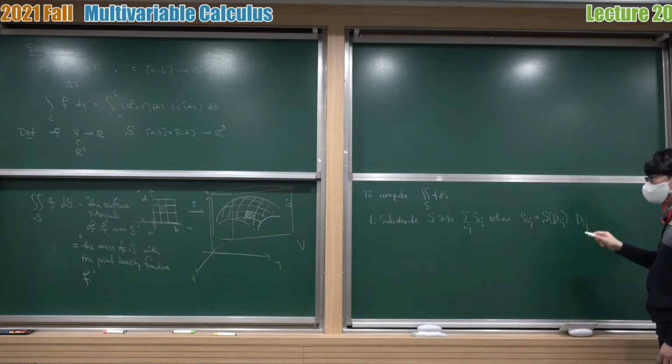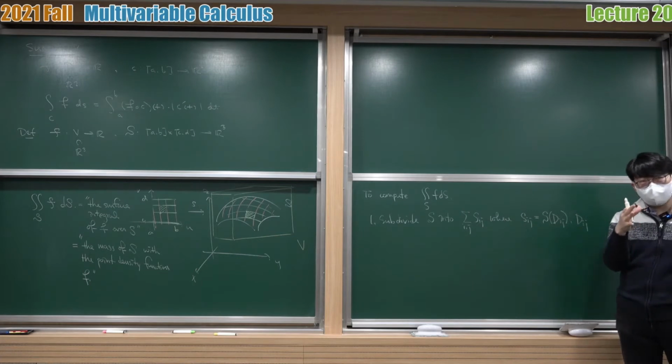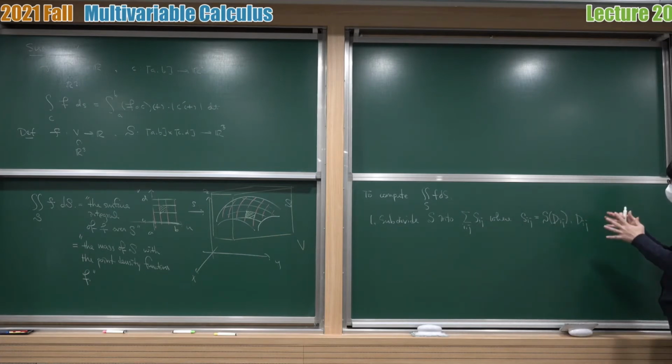Dij is a small portion of rectangular area inside of the domain of the UV plane, and this is equal to ui to ui plus 1 and vj to vj plus 1. Okay.